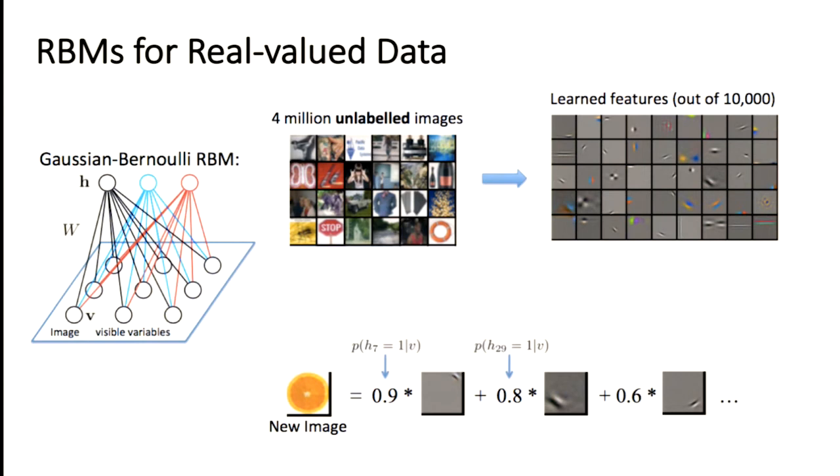Essentially what you want to do is learn a generative model of these images, and just using a simple RBM with one hidden layer and a visible layer gives you something similar to Gabor-like filters. So it's not really Gabor-like, but you get some form of feature representation of your image data. And by having a weighted summation of these features together, you can generate new images from the unlabeled image data that you've trained your RBM model on.